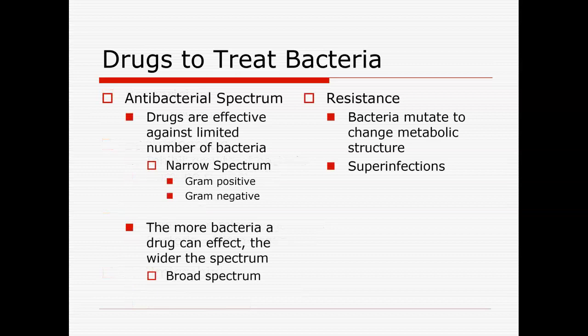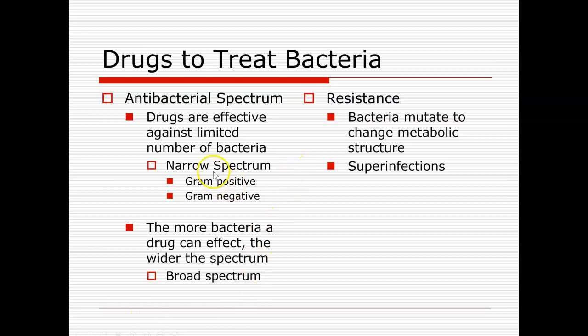All right. So as we get into the drugs that actually do this, we get back to gram staining and looking at different types of antibacterial drugs and which drugs are effective. Is a specific drug effective for a lot of different infections or bacteria, or just a couple of them?